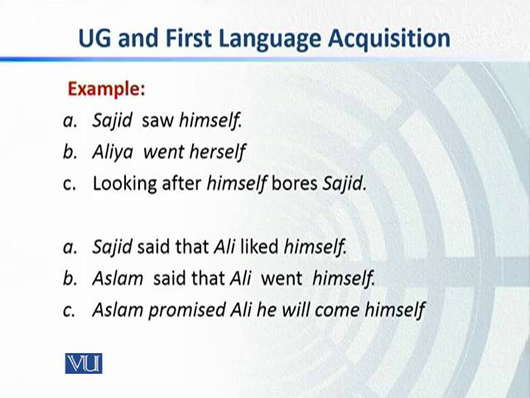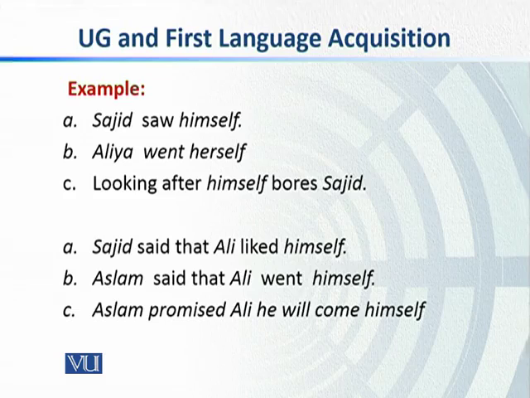Now, if a child is listening to this language, the child would say in the first sentences, for instance, that whenever a pronoun comes, a possessive pronoun like himself and herself, it always comes after a noun or after a subject it is referring to.